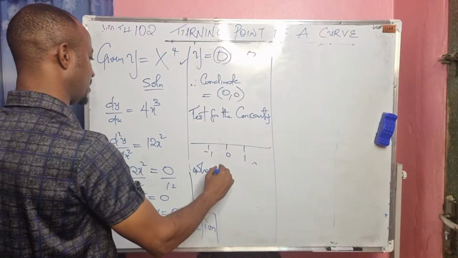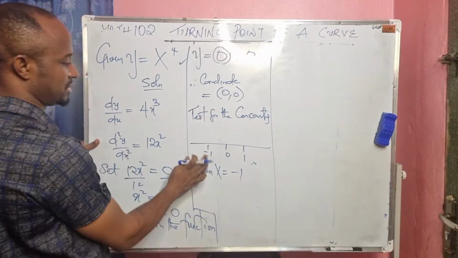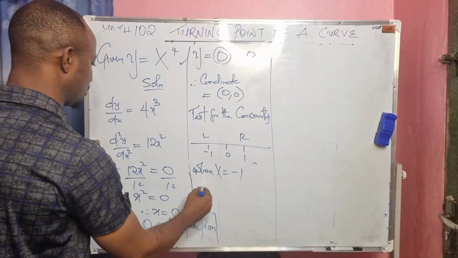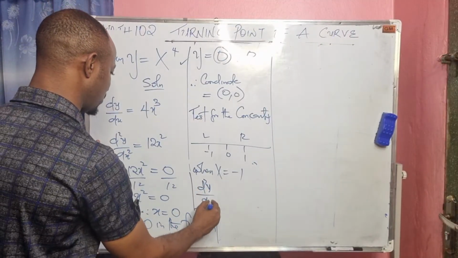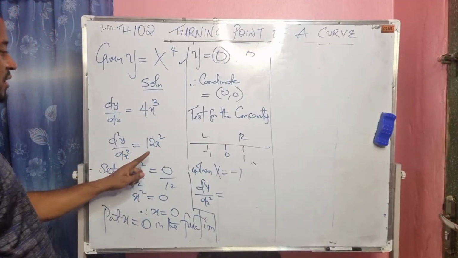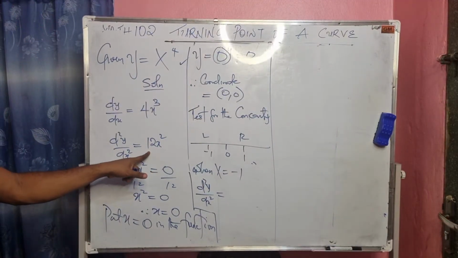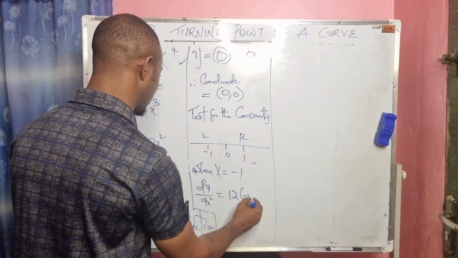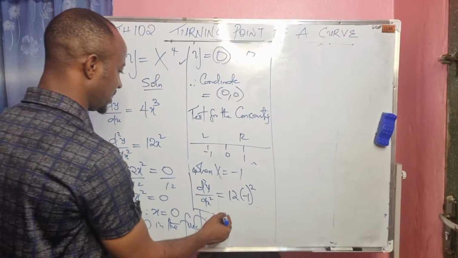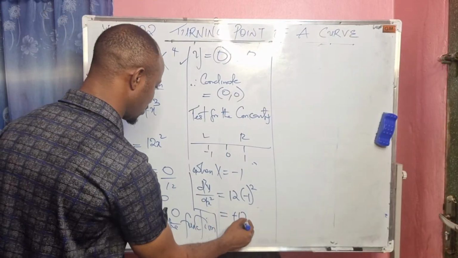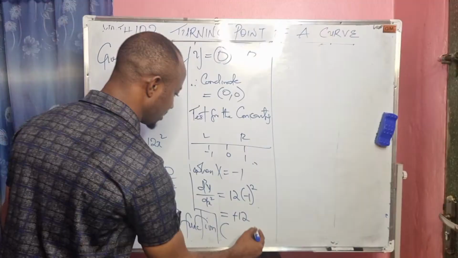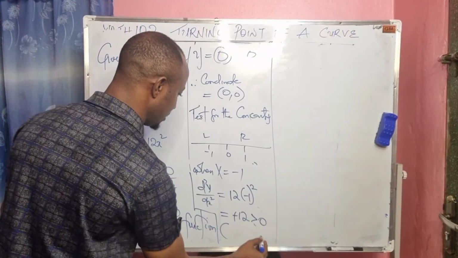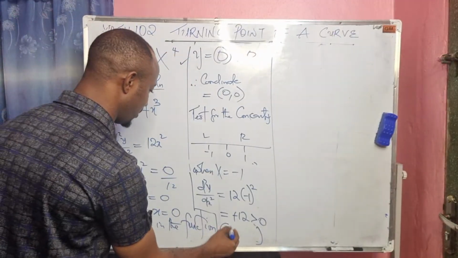When x equals -1, to the left, d2y over dx squared is 12x squared, which gives us 12 times -1 all squared. The result becomes plus 12. Here we have positive, and this value is greater than 0, right? Here we have a minimum point.